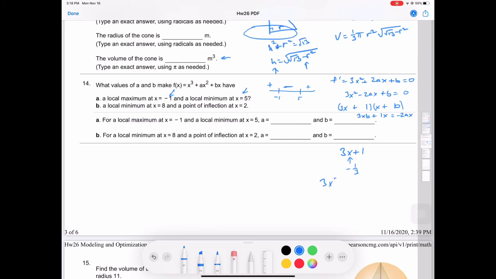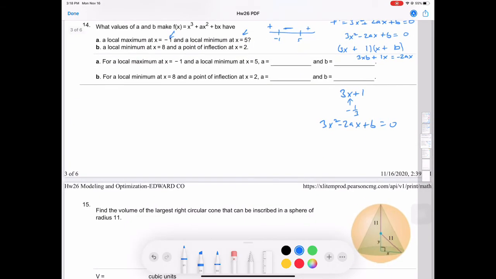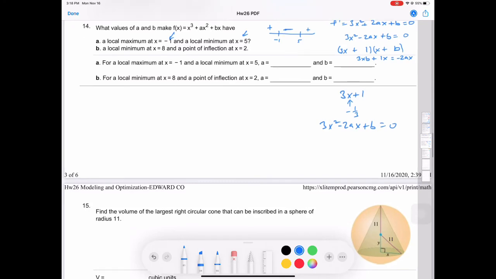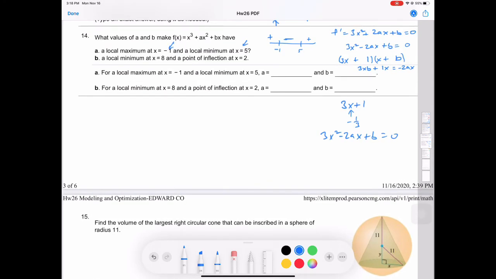3x squared minus 2ax plus b equals 0. And what could a and b equal so that x is, well, let's make x 5 right now. 3 times 25 minus 10a plus b equals 0.